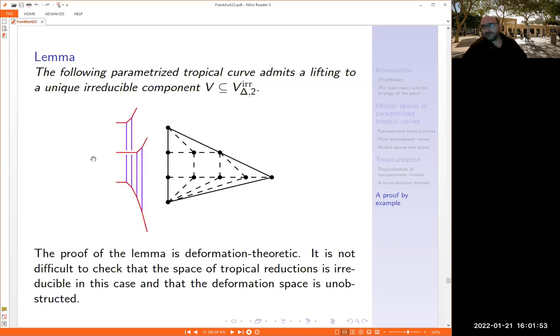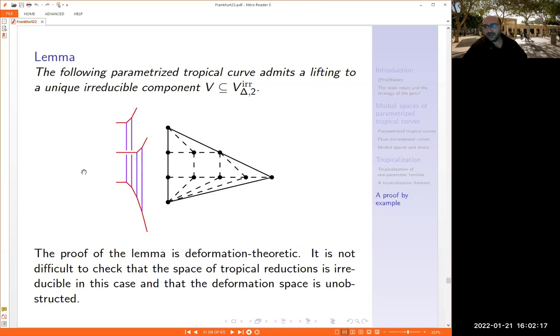This gives you an indication that when you compute the degree of the Severi variety, you count this curve once, and the reason is that it lifts to a unique component. Again, it's not a proof; it's just some indication why this works. But I hope that it gives you some intuition.